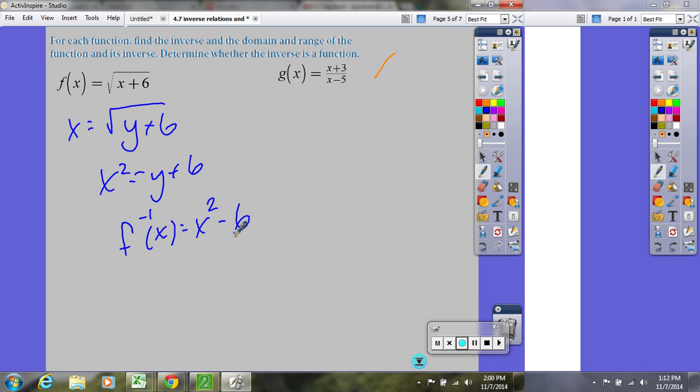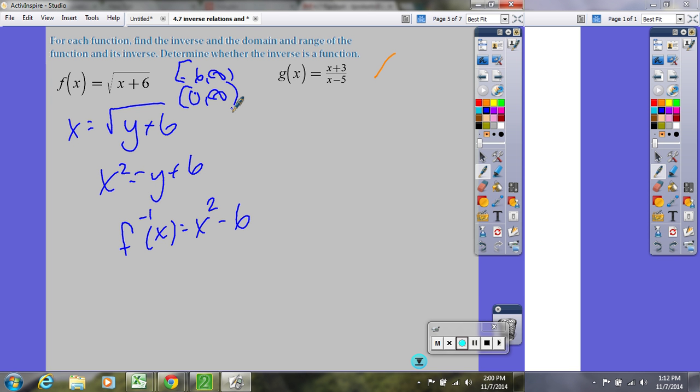Okay? Now, what's the domain here? Negative 6 to infinity, right? The range is 0 to infinity. What is my domain here? Previously, it could have been negative infinity to infinity.